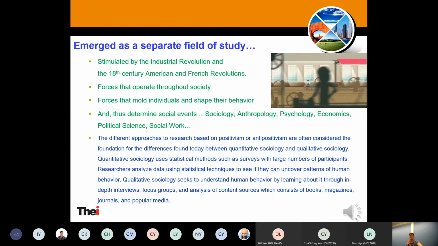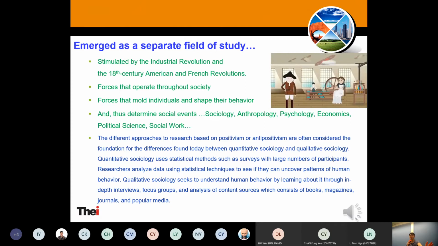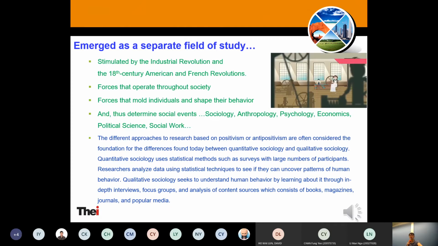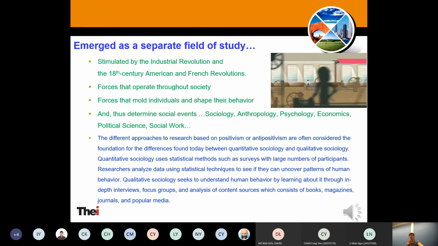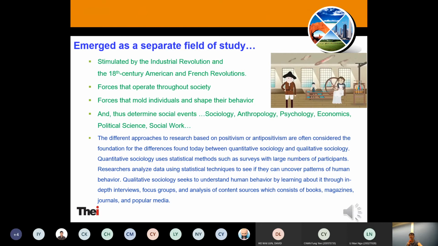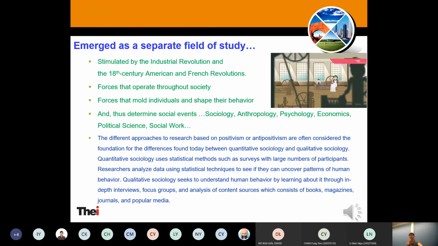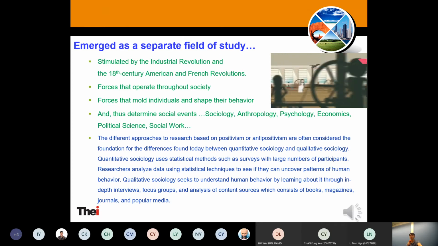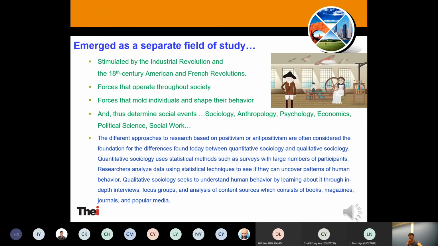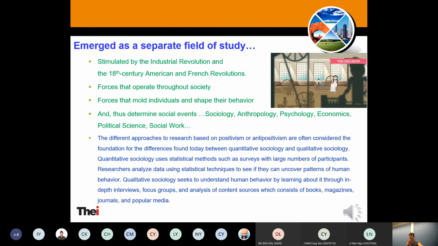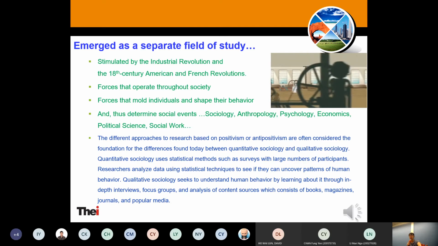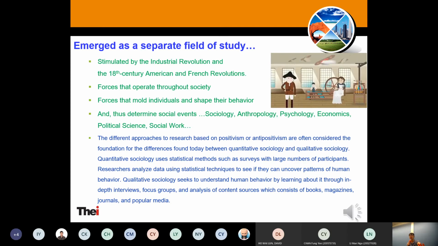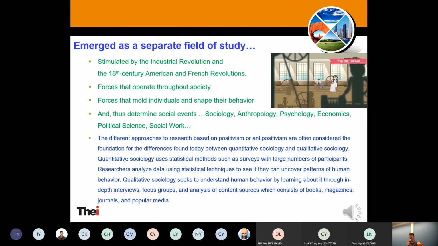But the point is, why did people at that moment start to talk about sociology? Remember that sociology is not really a unique domain, okay? Very often when we talk about sociology, we have to make connections with psychology, economics, political science, and the like. For example, why do we have to talk about psychology when we talk about sociology? Because it seems that the two subjects are not really interrelated.